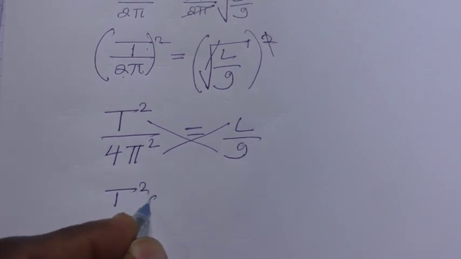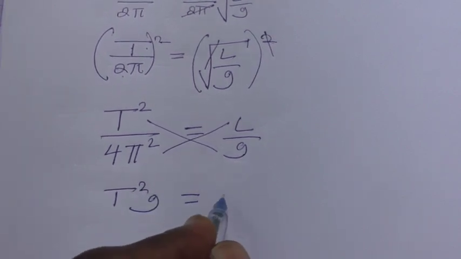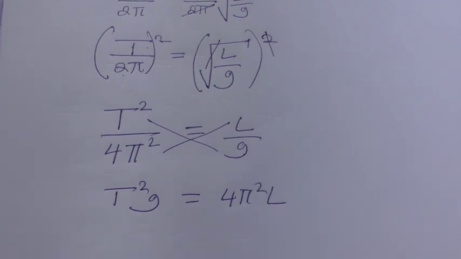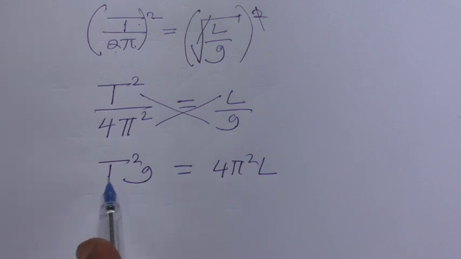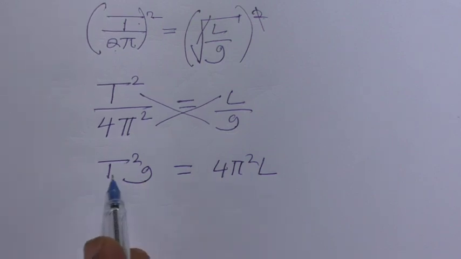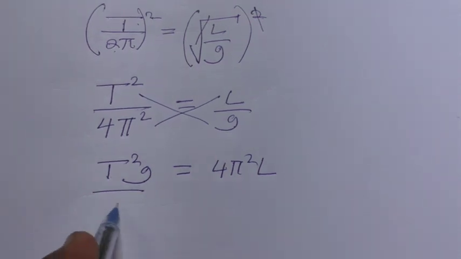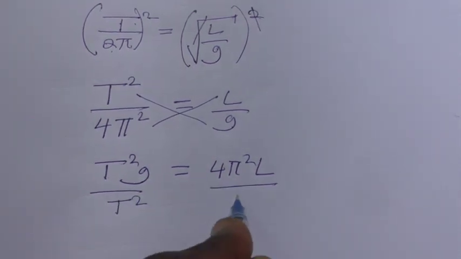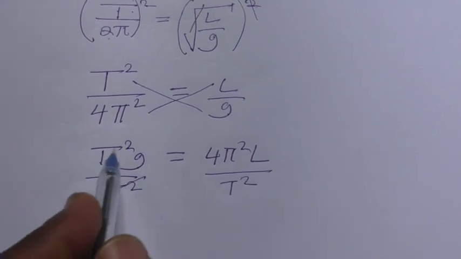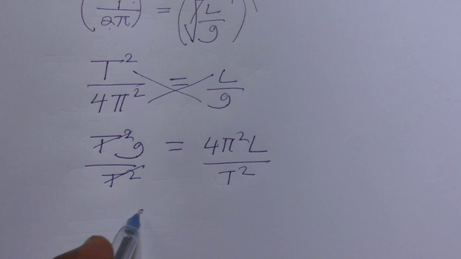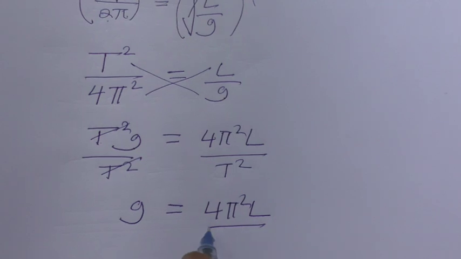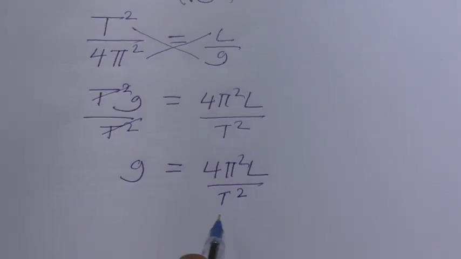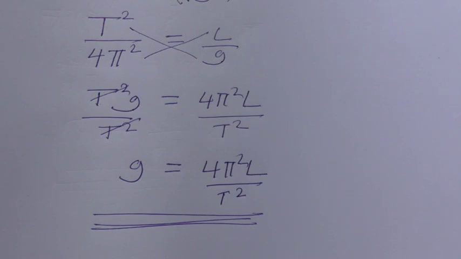That gives us T squared G equaling 4 pi squared L. And since we are interested in G, we are to take T squared to the other side. And since they are multiplying, this can be eliminated by division. So on dividing, the T squared is cancelled and we remain with G, which is 4 pi squared L over T squared. So that will be our final expression for G.